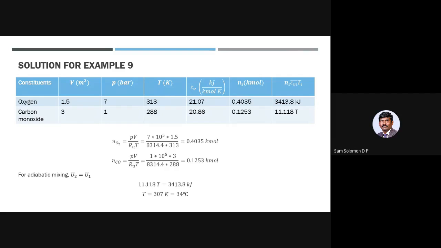If you add the initial amounts, 50 plus 25, that is 75. The final amount that comes into the account is also 75. Similarly, your internal energy in vessel A and internal energy in vessel B, if you add them, will be equal to the internal energy after mixing.